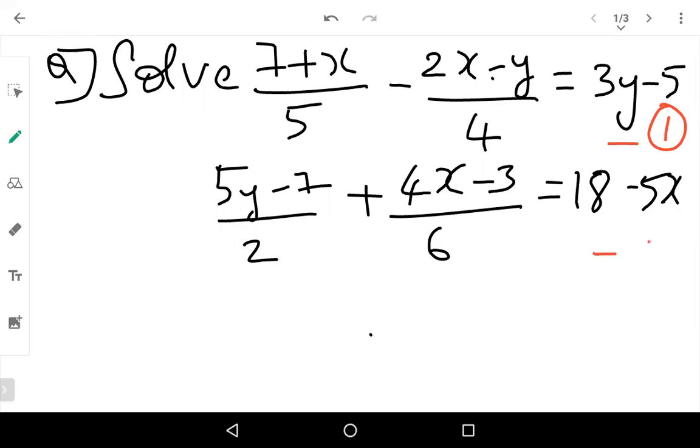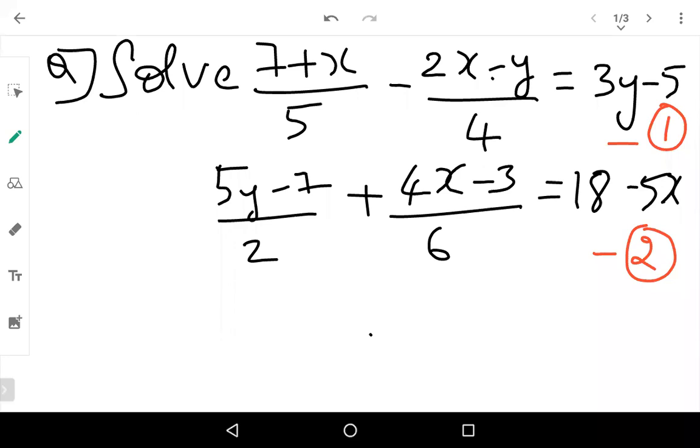So let us take this as equation 2. Now, after taking these two as equation 1 and 2, we have the numerator as well as the denominator. In such problems, we have to first take LCM and make it into one proper equation.